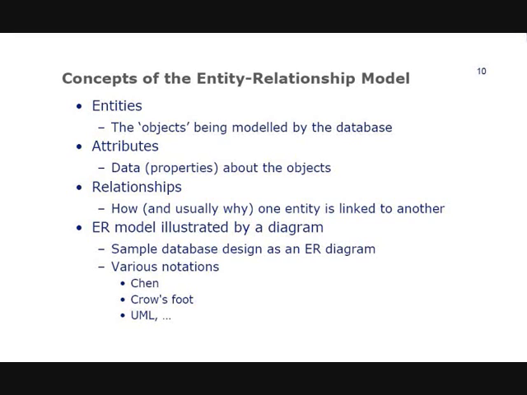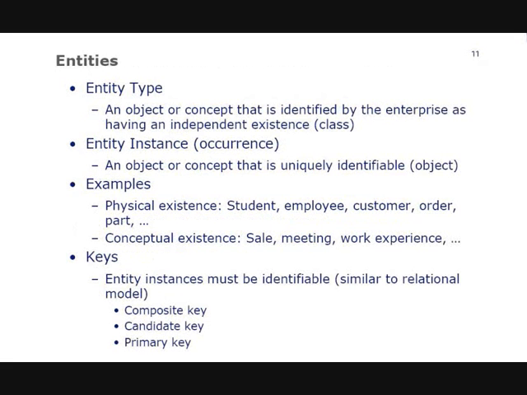So when we look at entities, which are the objects that we have to identify, an entity is any object or concept that is identified by the enterprise as having an independent existence. It is equivalent to a class in your programming environment. And when you come to UML, you might wish to model them as classes. And within objects, we have what we call an entity type and an entity occurrence.